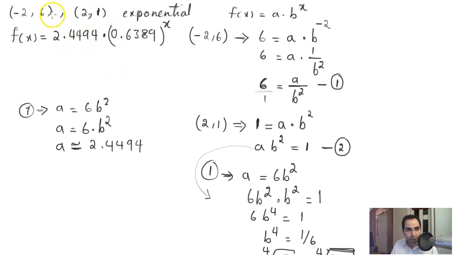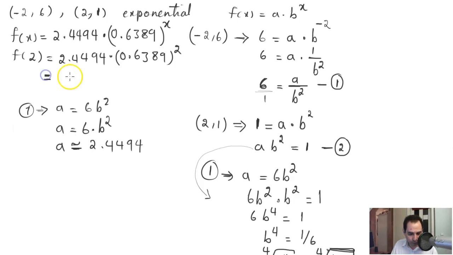And if, for example, you put x equal to 2, f of 2 is equal to 2.4494 times 0.6389 raised to the second power, which is going to be, so my calculator gives me 0.999828448 284486, and that is again an approximation, because the whole thing gets so complicated, and based on some algorithm it gives me this answer and rounds the number to 9 or 10 decimal places or something like that.